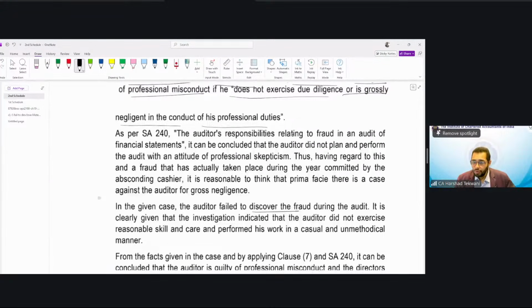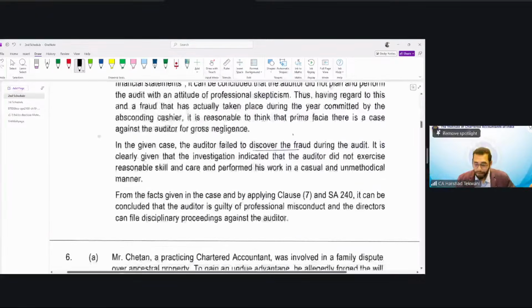He was supposed to apply the concept of SA 240 and understand the fraud risk when he was planning for the audit, but he failed to do that. Plus, his work was performed in a haphazard manner. As a result, clause 7 will be applicable and he will be guilty of professional misconduct.